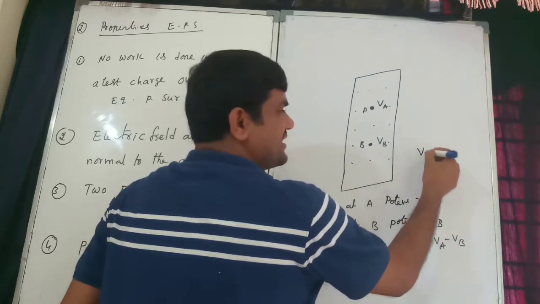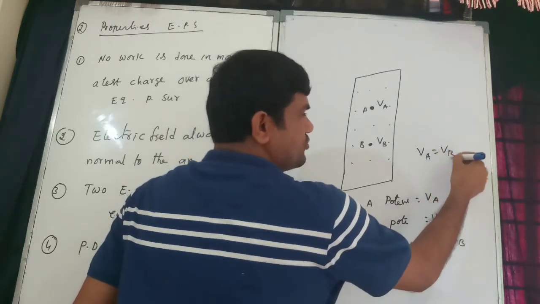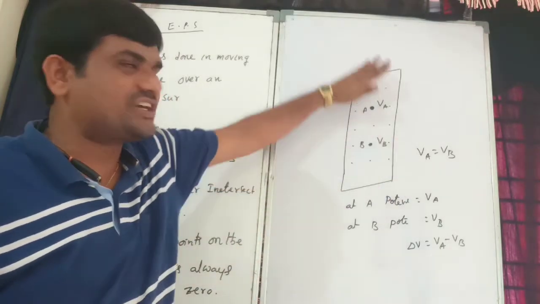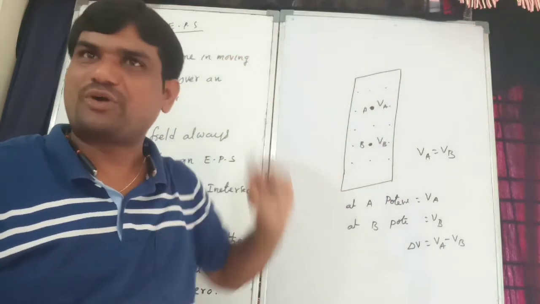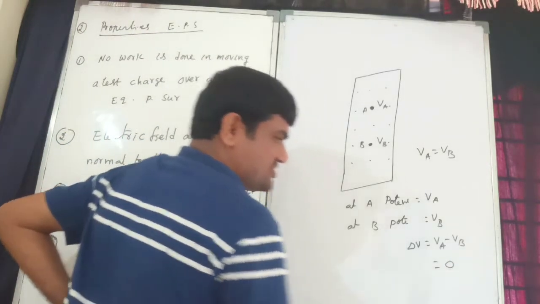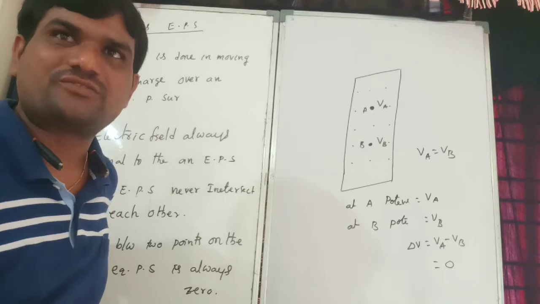We know that here VA is equal to VB. Correct? Wherever you see, the potential is the same. So what happened? It becomes 0.